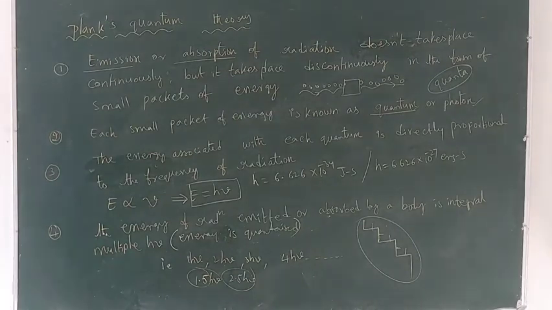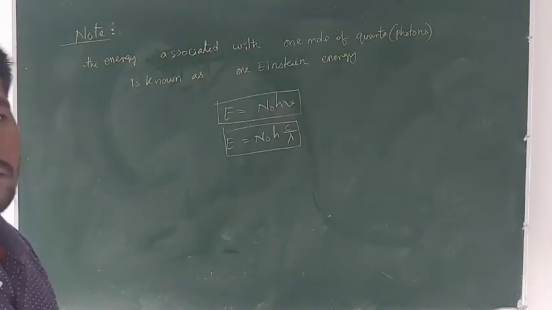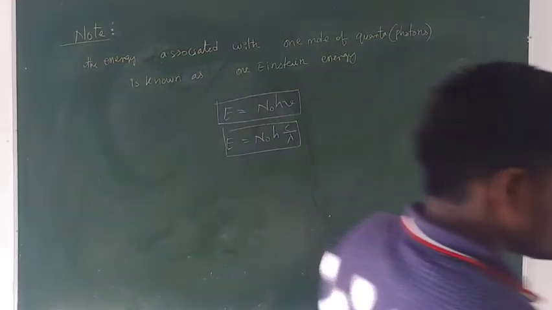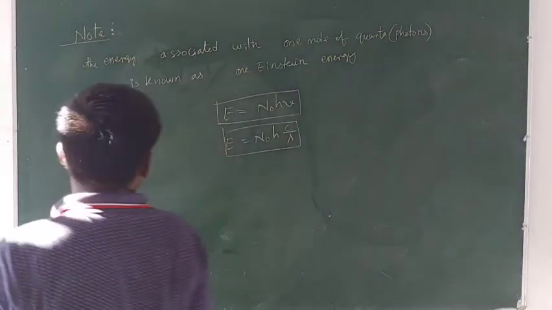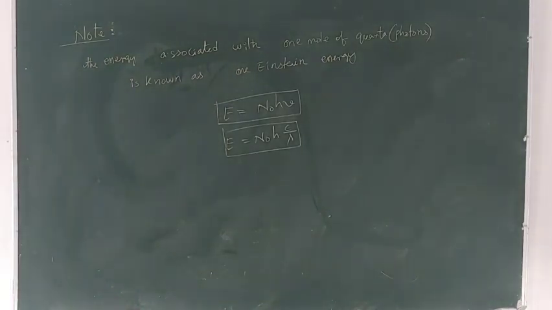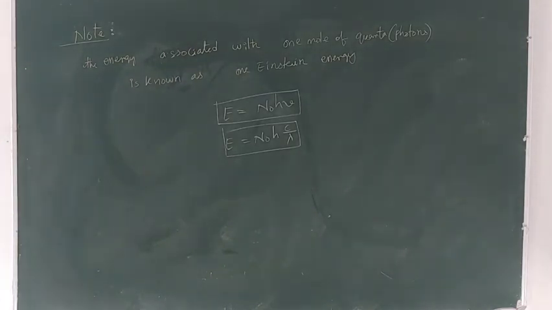And next we need to discuss a small point, that is 1 mole of quanta. Here you see there is a small note. It tells that the energy possessed by or associated with 1 mole of quanta or 1 mole of photons present in a radiation is known as 1 Einstein energy.